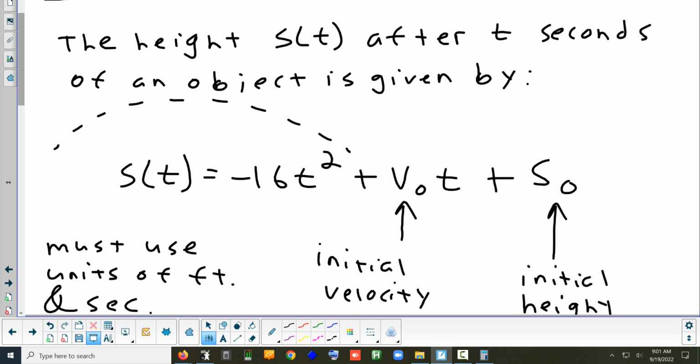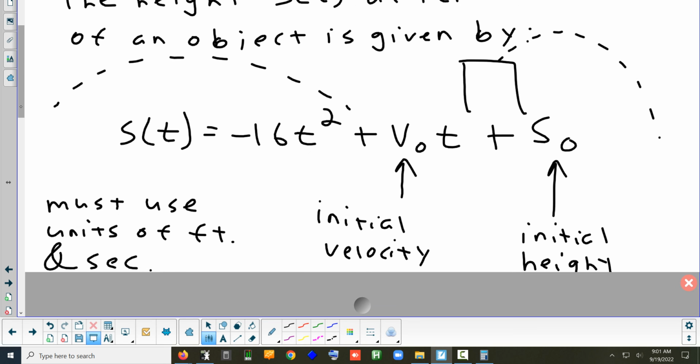And the other thing that can control how high it's going to go is what was the initial height when you threw it? Were you on a building and you threw the object off the building? Well, if you threw it off the building, then it already has an initial height to start with. If you're throwing it from the ground, then it doesn't. So s sub 0 is the initial height.